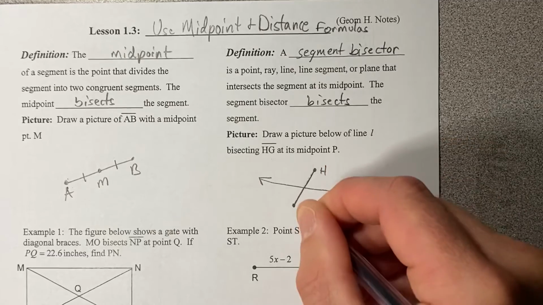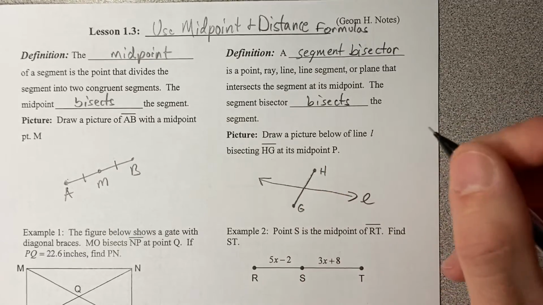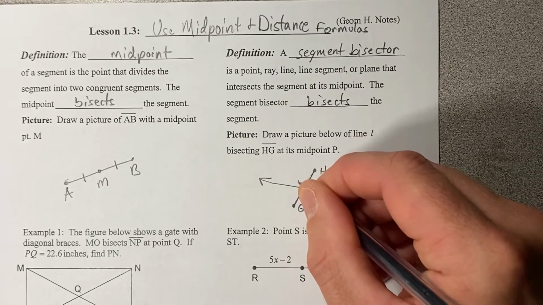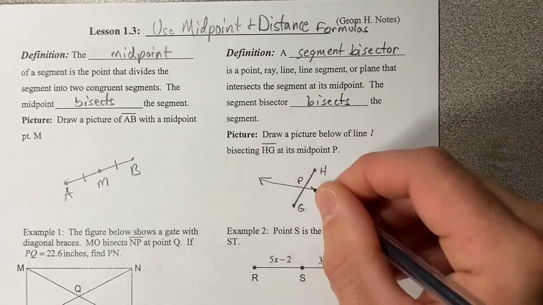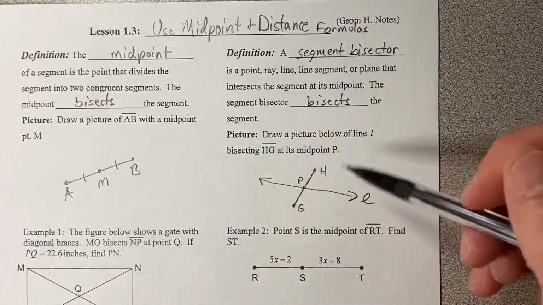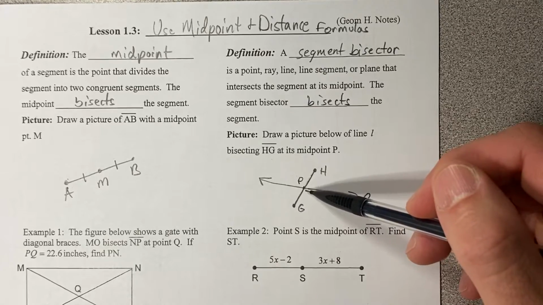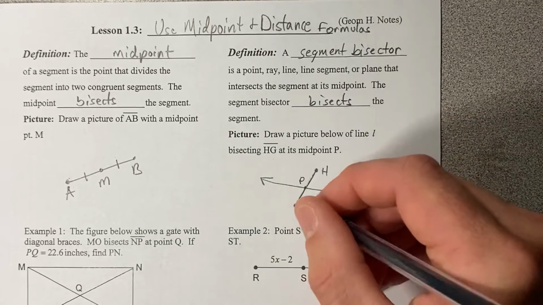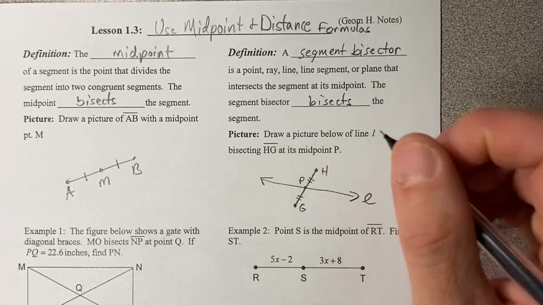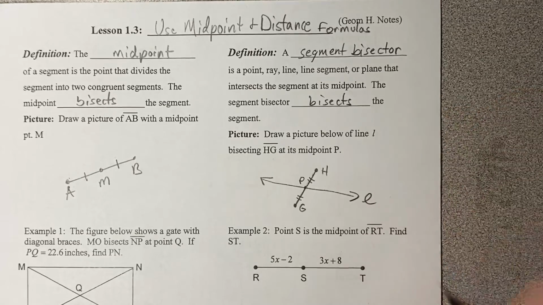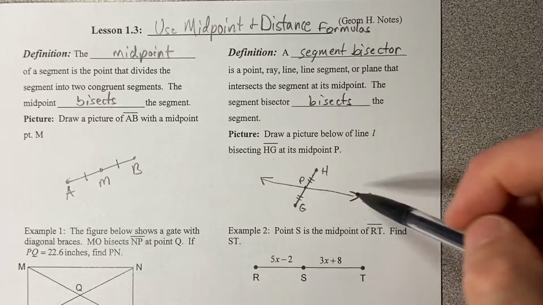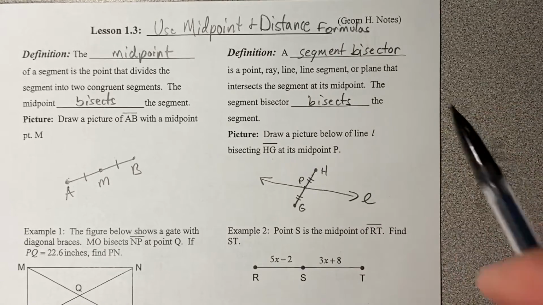So HG. And then its midpoint, they want it to be called P, so we'll put P in there. Then we want to show that P is the midpoint of HG, so again, we'll do tick marks. This time I'll do two, just because I can. So line L is a segment bisector, but also notice line L contains the midpoint, doesn't it?